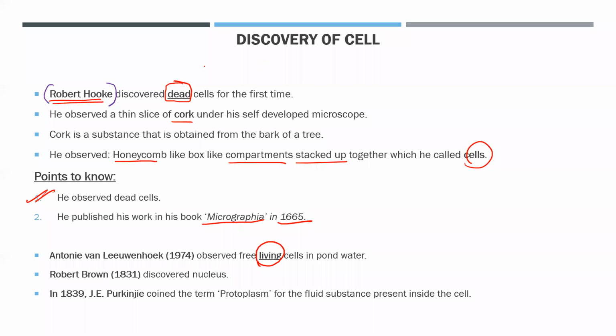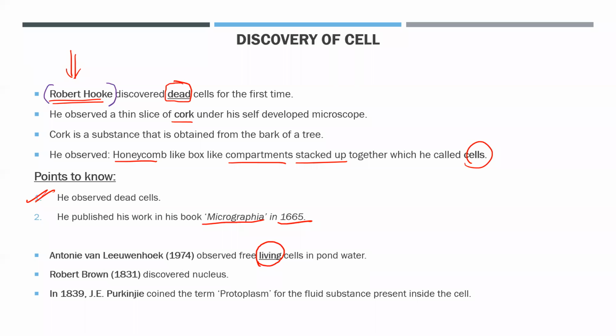Very first time, it was discovered by Robert Hooke only. And that is why we will write Robert Hooke. But if it is specifically asked who discovered the living cells for the first time, then the answer will be Antonie van Leeuwenhoek.